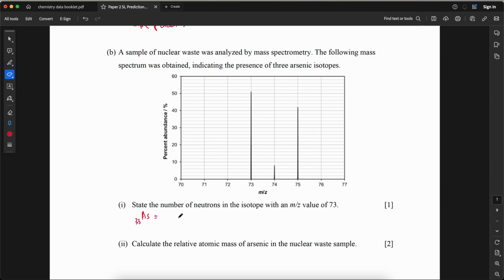To find the neutrons: the mass number is proton plus neutron, so the mass number is 73, and we know the proton number is 33 because the atomic number is 33, so the neutron number would be 40.